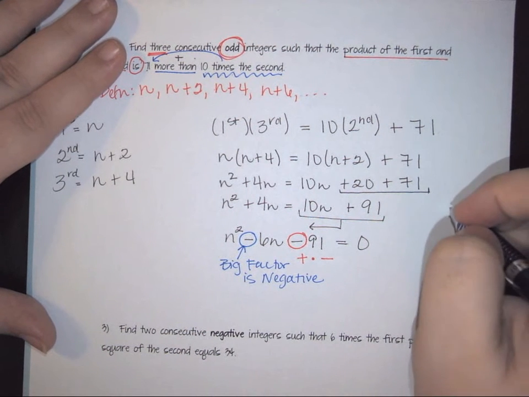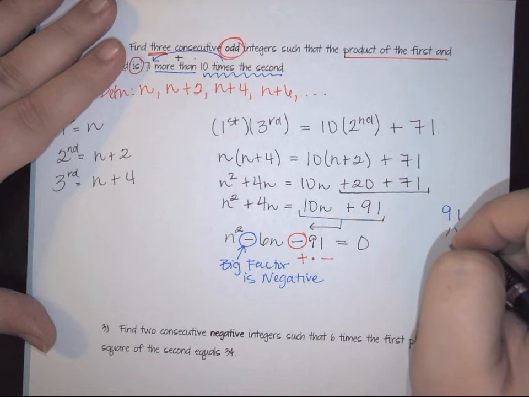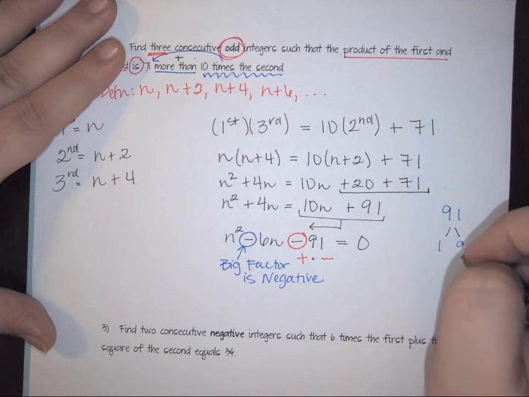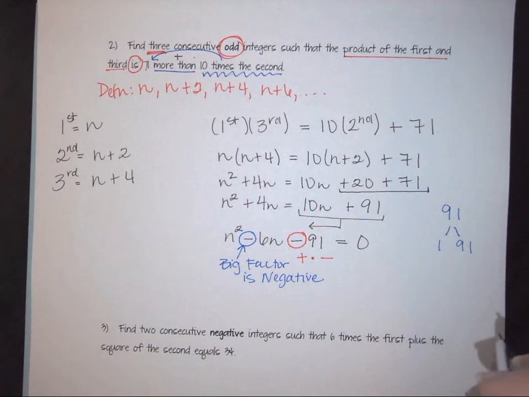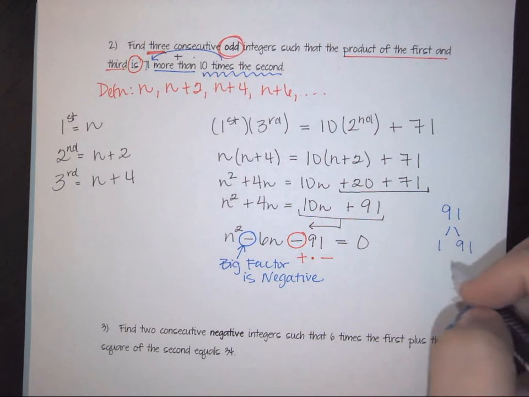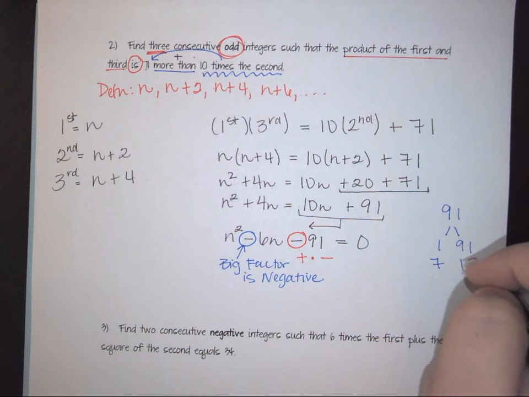And then I need to have my factors of 91. So this is 1 and 91. And then I have 7 and 13.